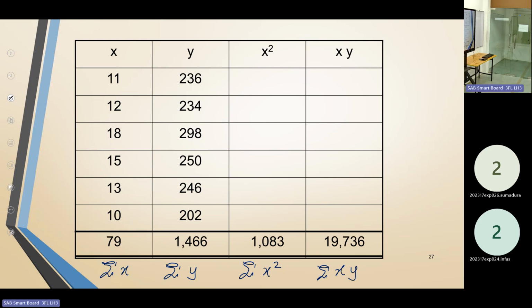So we got all the values. We have two equations, and in those equations wherever we want these values, we plug in.